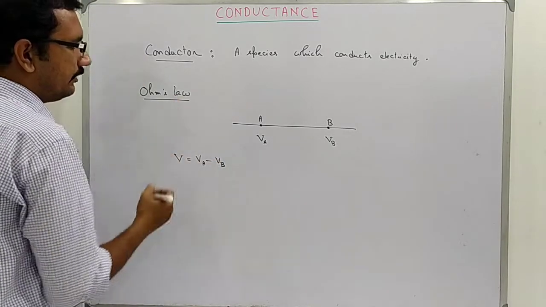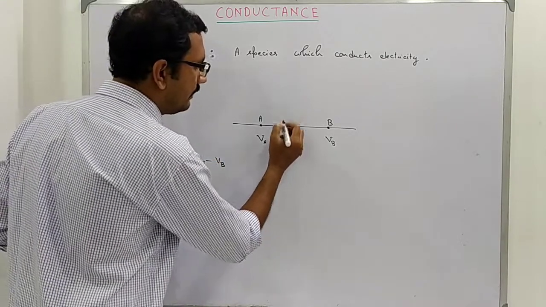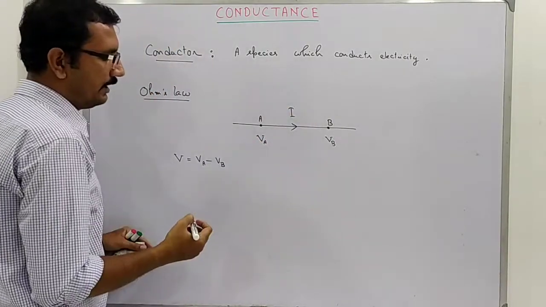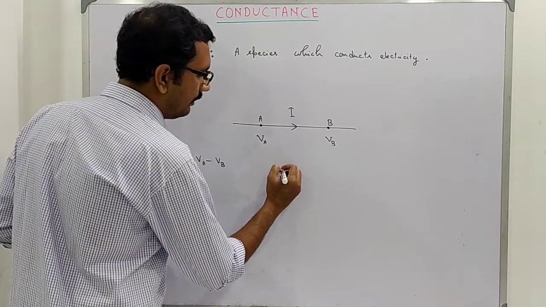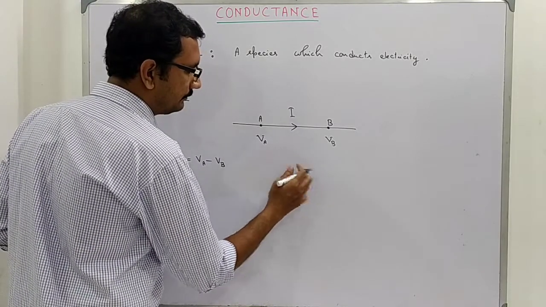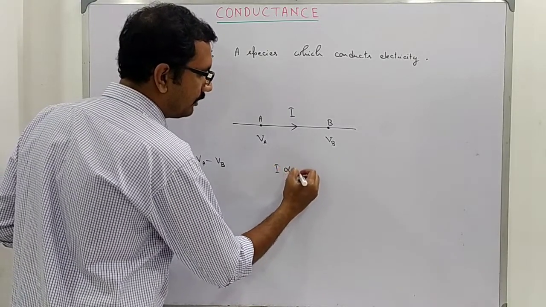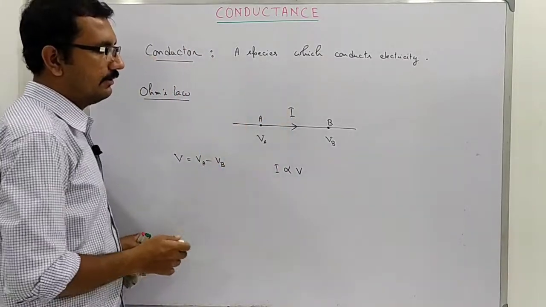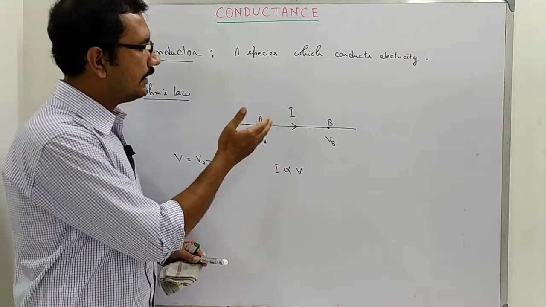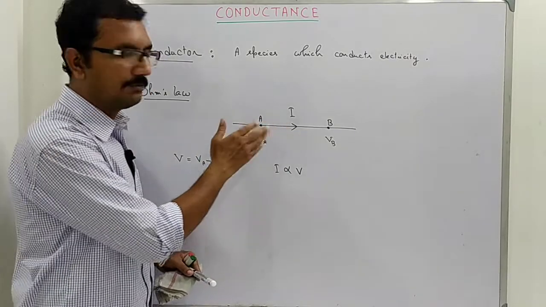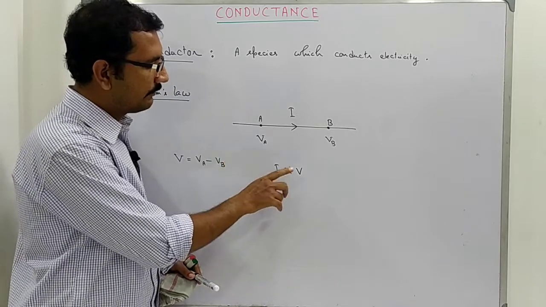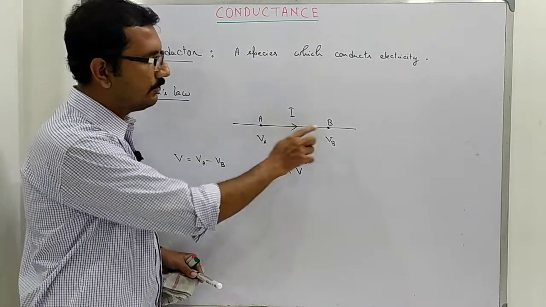Now, as per the law, the current that is flowing through this conductor between these 2 points is proportional to the potential difference acting between these 2 points. So, if I is the current that is flowing through the cross section of this conductor, then I is proportional to the potential difference between these 2 points.